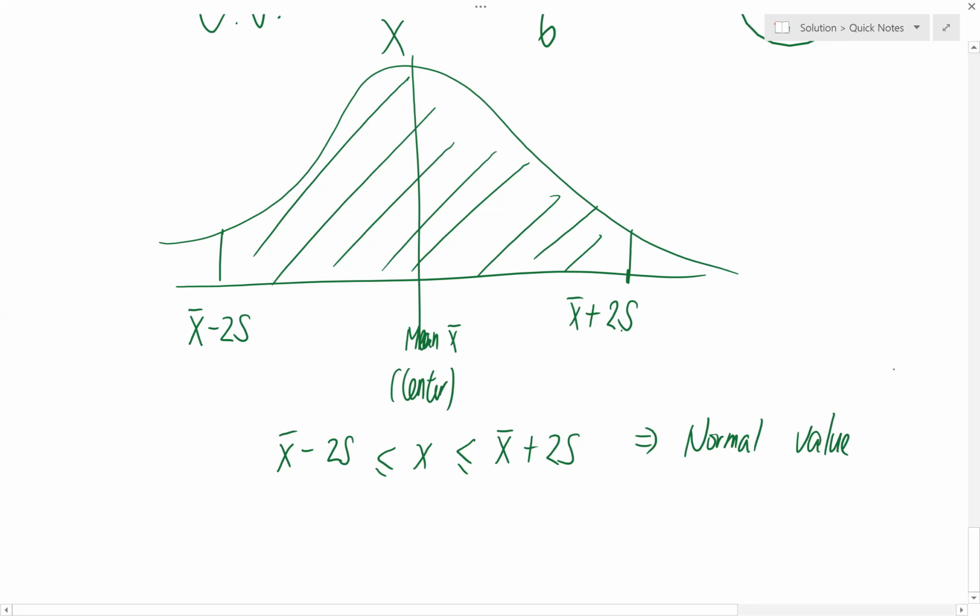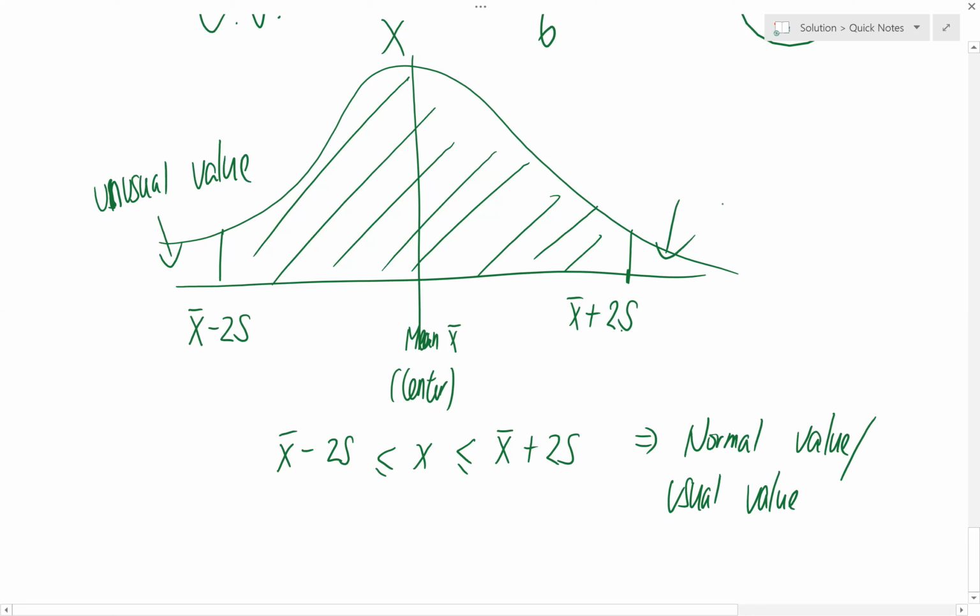Or you can also say usual value, right? Usual value. Meaning data values are most likely to occur or happen if we are within that range. And on the two tails, these are unusual values, meaning this is highly unlikely. Unusual values are highly unlikely.